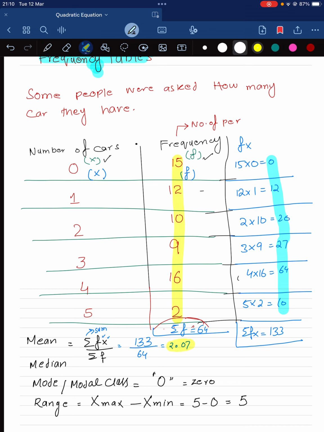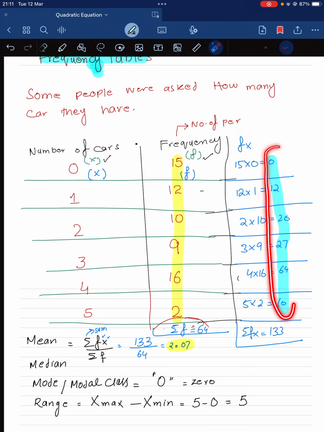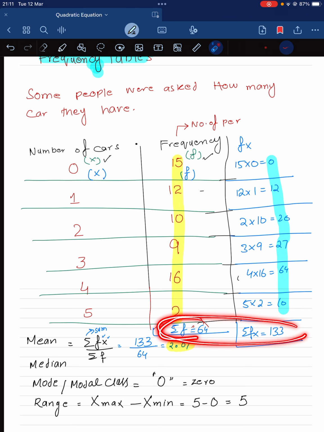This was a little bit different from the previous mean. Whenever you have to find the mean, you have to draw the new column f times x, then add all of these quantities to get the value of sigma fx, and then add all the values of f to get sigma f, and then you just need to divide both values. You will find the mean.